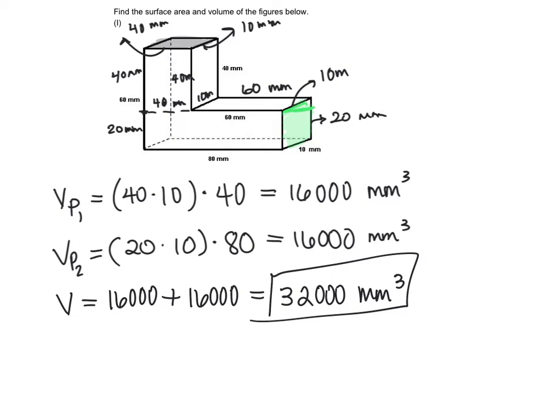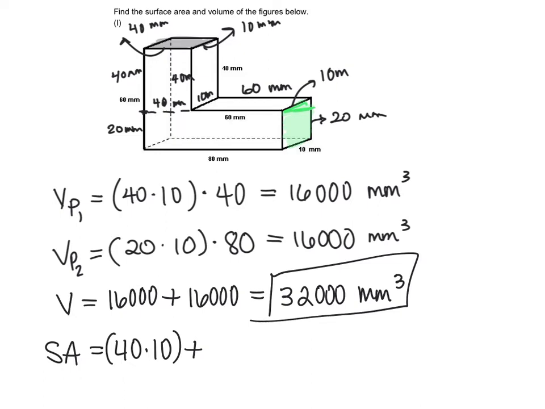So what I'm going to do for my surface area is, surface area is the area of the outside. So if I start with that first prism, and I want to find the area on the outside, I find the area of all of the rectangles. So I have the area of my top rectangle, which is a 40 by 10. Okay. Then there's my front-facing rectangle, which is actually a square.